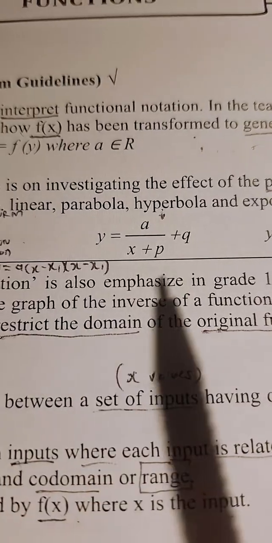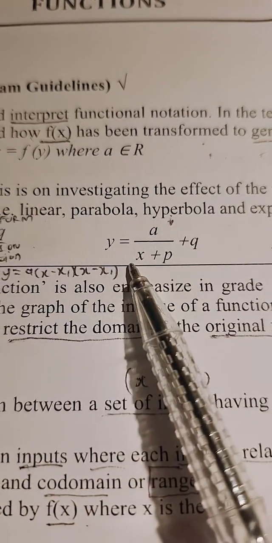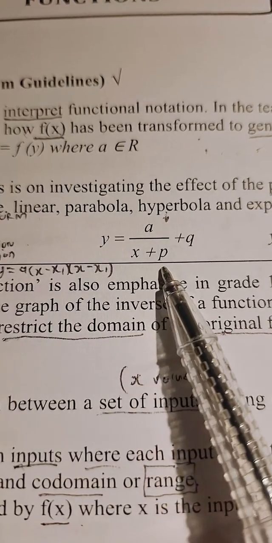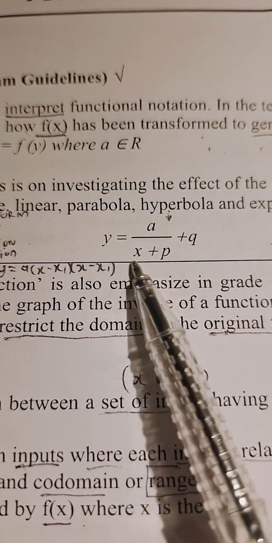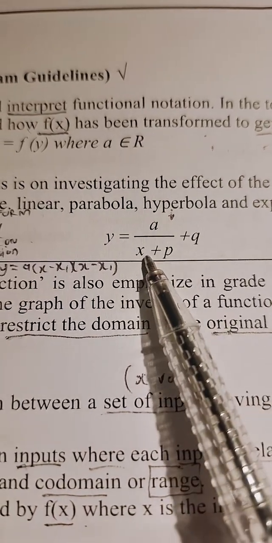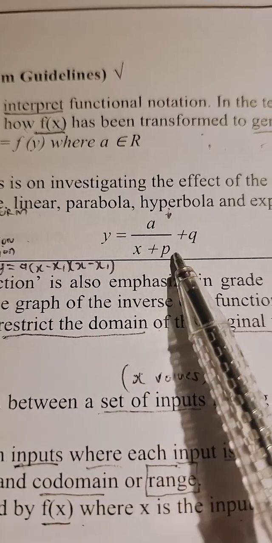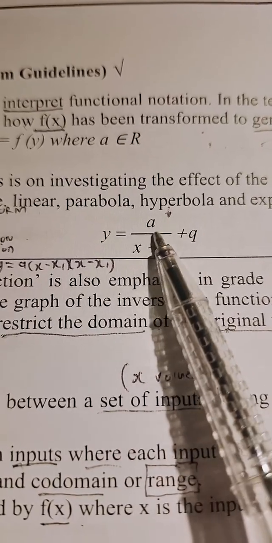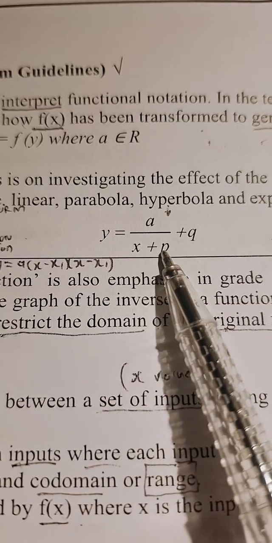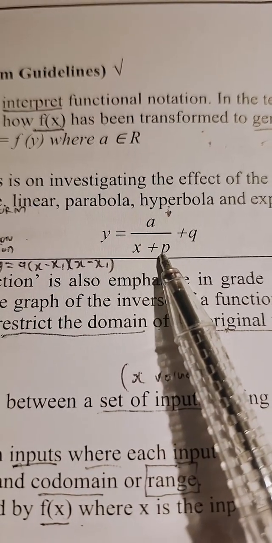Then 2, you have your vertical asymptote. What is the vertical asymptote? Your vertical asymptote will be x is equal to whatever the additive inverse is for this particular constant value.